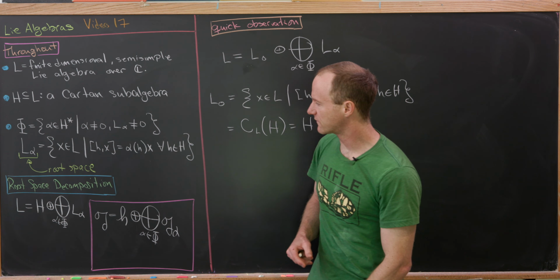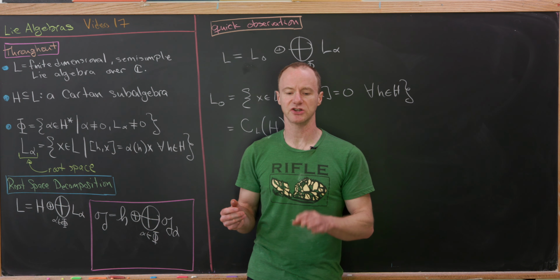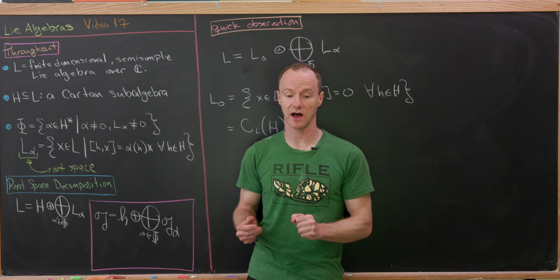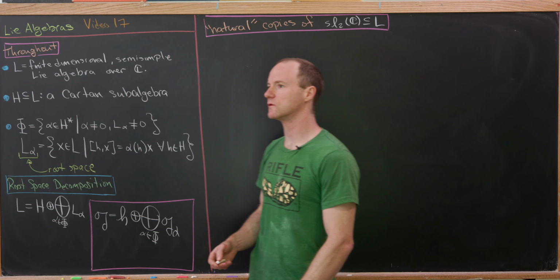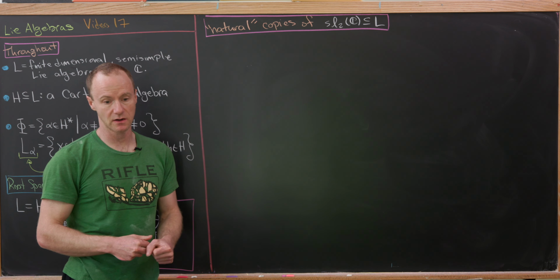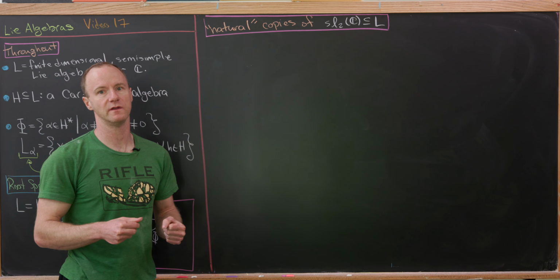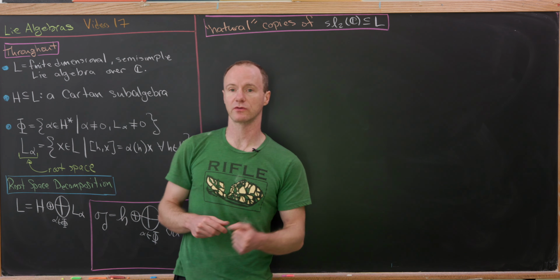Okay, so now that we've done all of this, let's go ahead and start to look at natural copies of SL2 inside of L. I think we've seen so far that SL2 is a very important Lie algebra to study, and it's probably even more important than we're able to understand given what we've done throughout these videos.